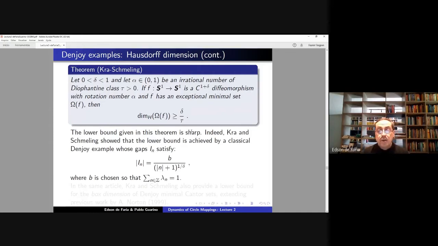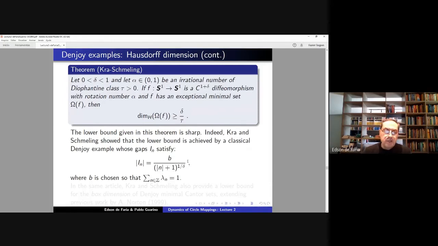It turns out that this lower bound is sharp. Interestingly enough, in showing that it's sharp, Kra and Schmeling showed that the lower bound is achieved by the classical Denjoy examples. These are examples constructed using a sequence of gap lengths given by this expression that you see here. The length of I sub n is a constant divided by essentially n to the power 1 over delta.